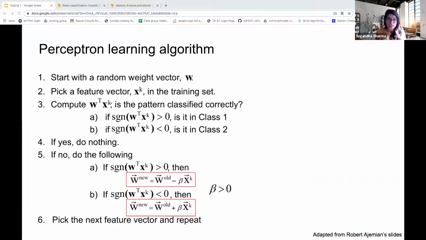And beta is some positive learning rate, which is fixed throughout training. Similarly, if our output was negative and we wanted it to be positive, then our new weights will be our old weights plus the learning rate times our input vector. And once we've done this for one given input vector, we pick the next input vector from the training set and repeat this entire process again.